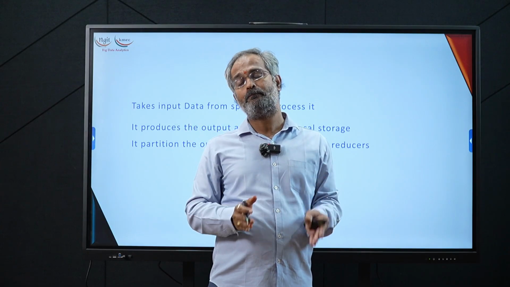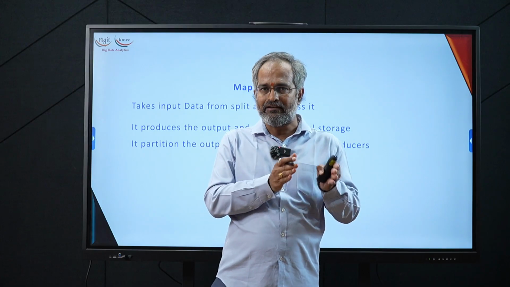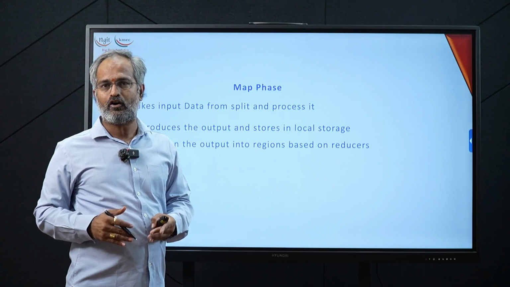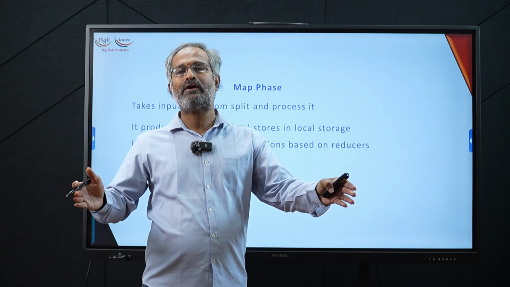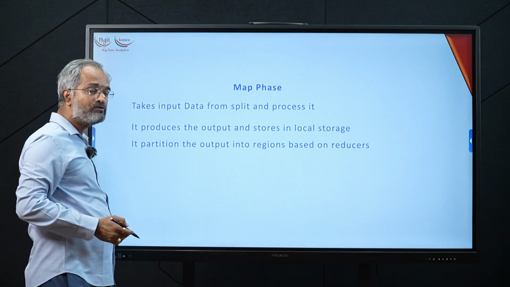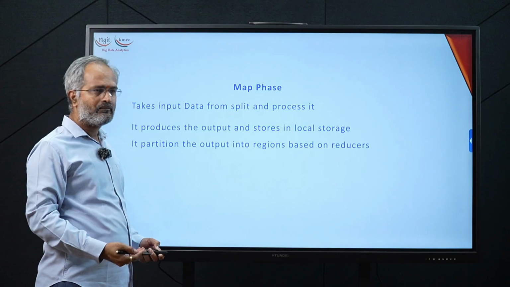Every map output, that is every intermediate output, will be divided into 2 parts because we need 2 outputs. If you require 5 outputs, it will be divided into 5. They are called the regions here. It will be divided into different regions based on the number of reducers.